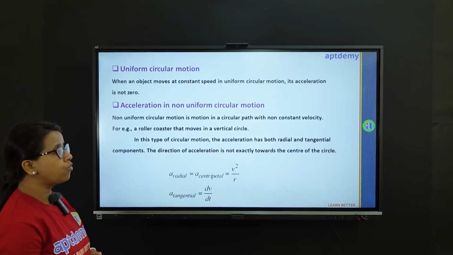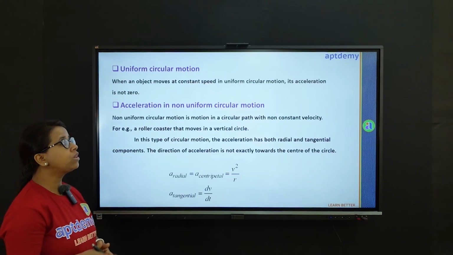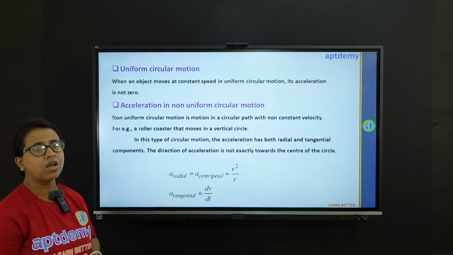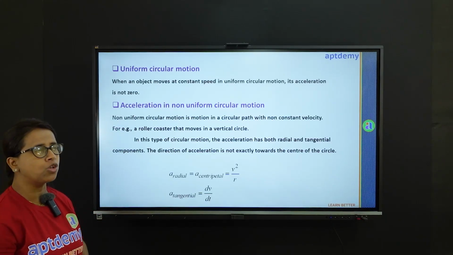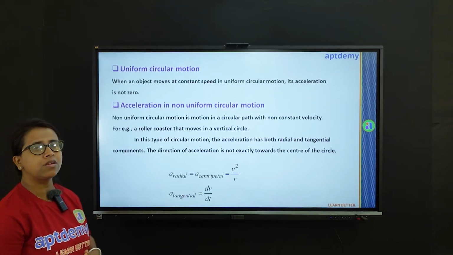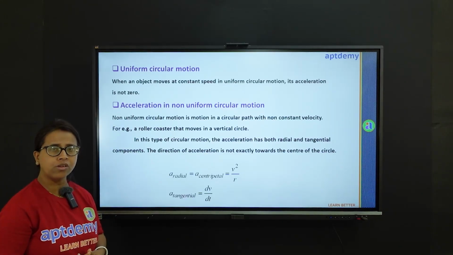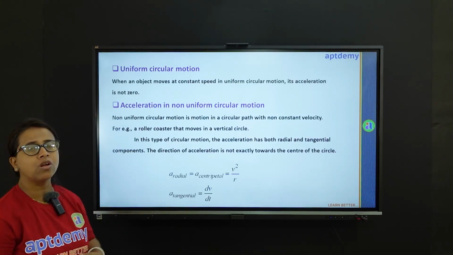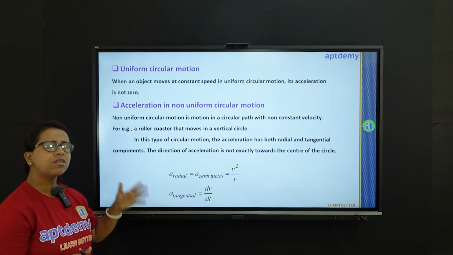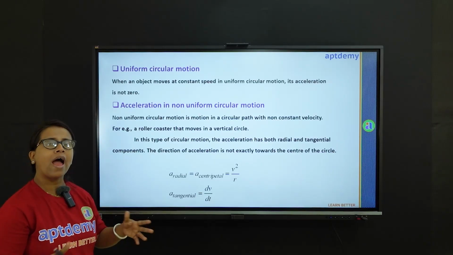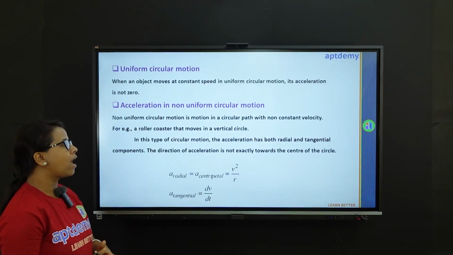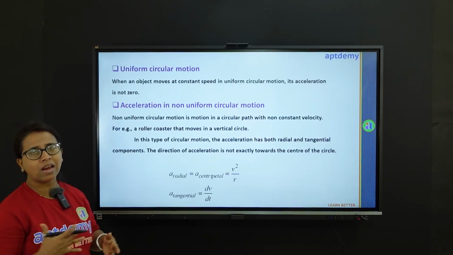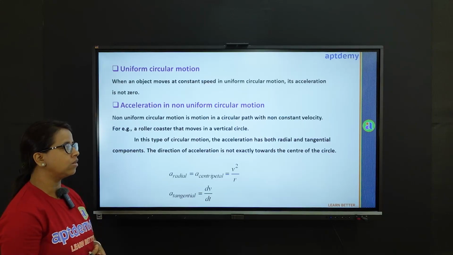Whenever a particle is moving in a circular path but with non-constant velocity, then we say the motion is non-uniform circular motion. For example, if we are considering the motion of a roller coaster in a vertical circle, in that particular motion, the acceleration has both radial and tangential components, and as a result, the direction of the acceleration is also not exactly towards the center of the circle.